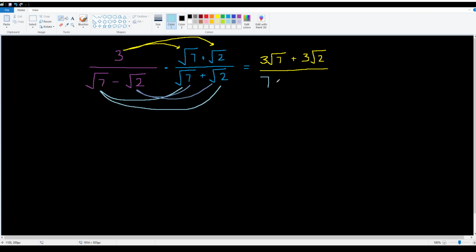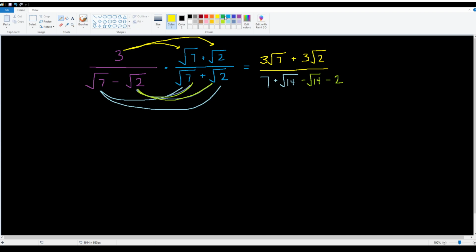So 7 times 2 is 14, so that's going to be plus the square root of 14. Then I'm going to do the minus square root of 2 times square root of 7. That's going to be minus square root of 14. And then minus square root of 2 times square root of 2. So again, square root of 2 times square root of 2 would be square root of 4, which is going to end up being 2, but it's a minus 2.